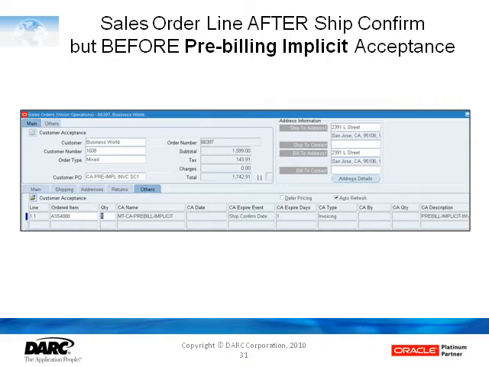This shows me that my customer acceptance name, CA name, is XXX pre-bill implicit. So I know that this is not going to invoice or recognize revenue until I implicitly accept it programmatically. I don't have a customer acceptance date, which means it has not been done yet. For whatever reason, maybe it hasn't expired, maybe there was an error in the transaction, but it has not been accepted yet.